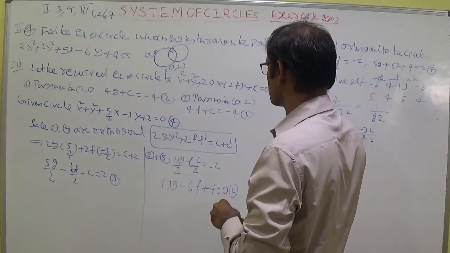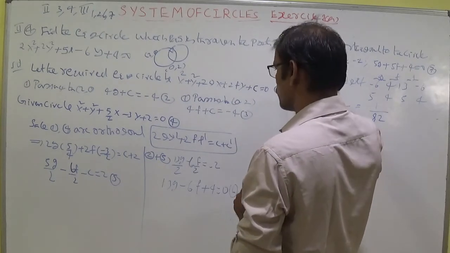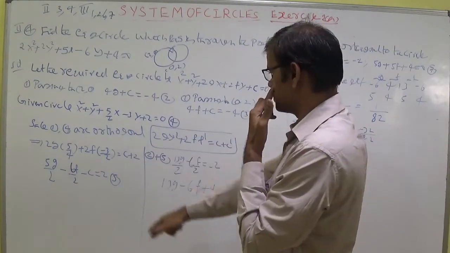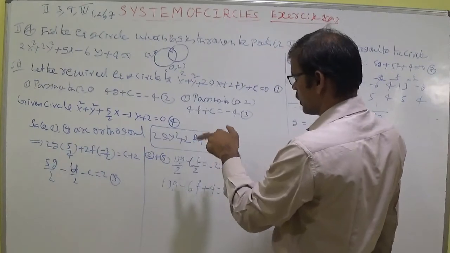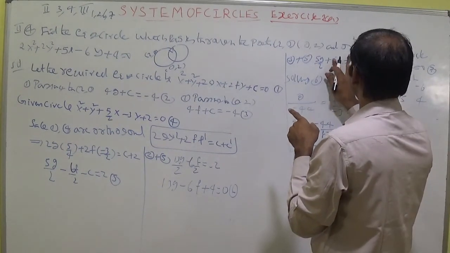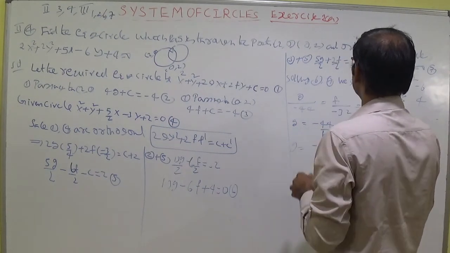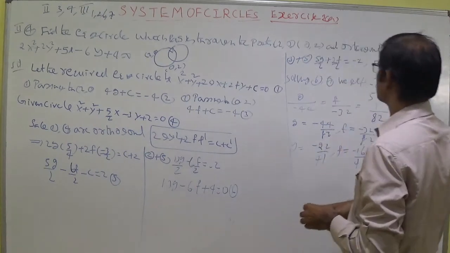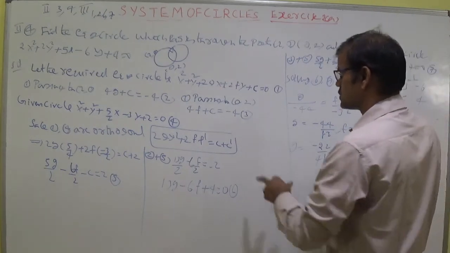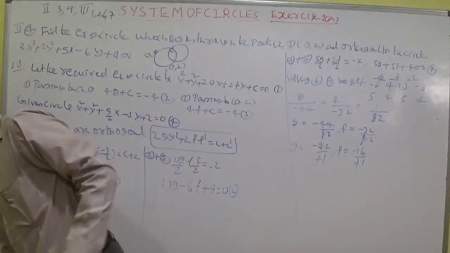Next let us discuss this one, 4f plus c. Here it may change. 4f plus 6, 5g by 2, 4f minus 6f by 2. 2 4s are 8 minus 6f, 2f by 2 is equal to, of course, minus 4 plus 2 minus 2. From here we can change.